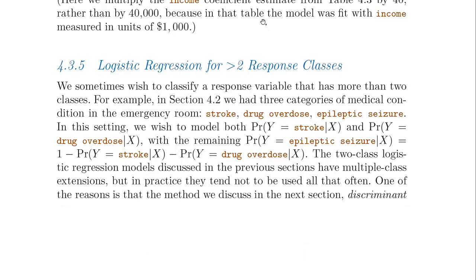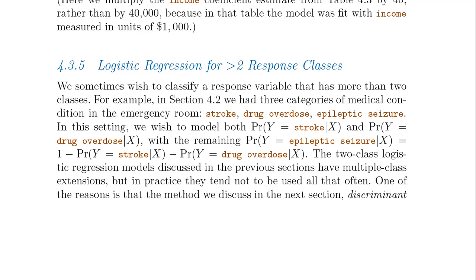Logistic regression for more than 2 response classes. So up to this point, we've been working with a binary response variable. It may only take 1 of 2 possible, let's call them values, or classes, to borrow the word from the heading.